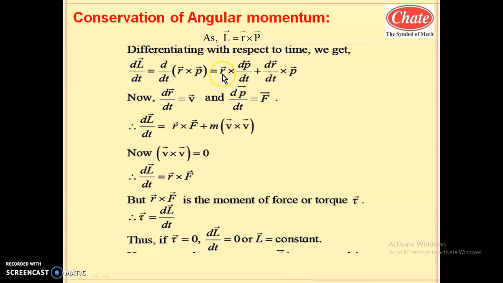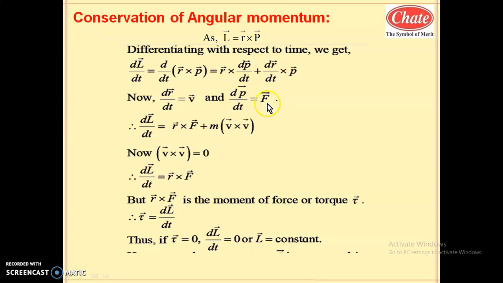Here, first term constant, derivative of second, that is dp by dt, plus second term constant, derivative of first, that is dr by dt cross vector p. But dr by dt is vector v because r is a position vector. Change in position, dr, means displacement, and displacement upon time is velocity. So dr by dt is vector v and dp by dt is the force vector.